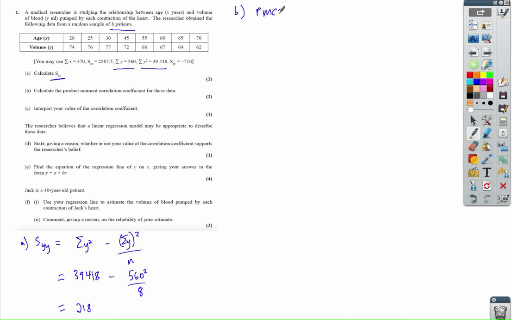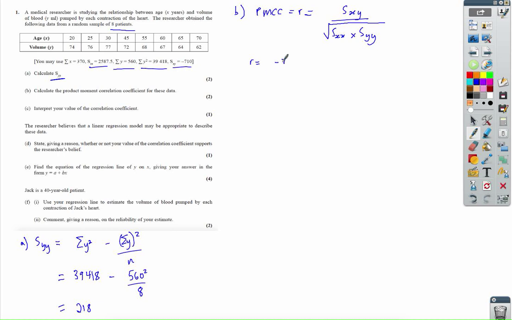PMCC. You know that's called r in the formula book. And that's again Sxy over the square root of Sxx times Syy. You've got all of these numbers again. So you've got Sxy, and you just worked out Syy.